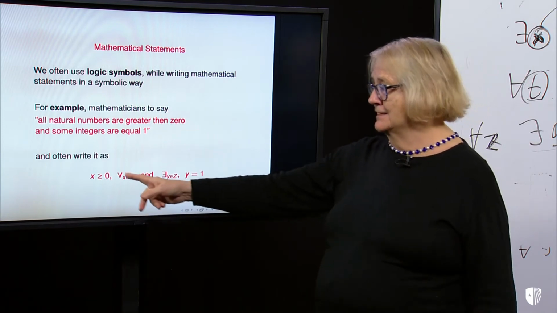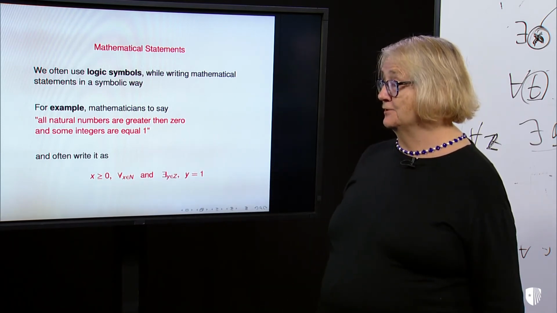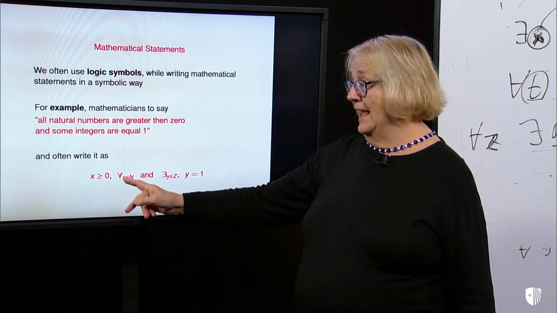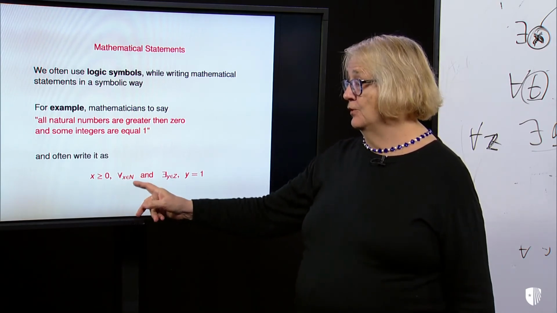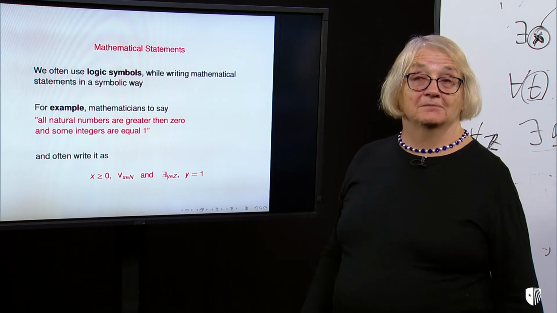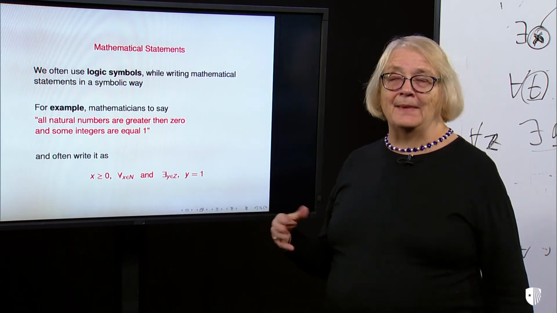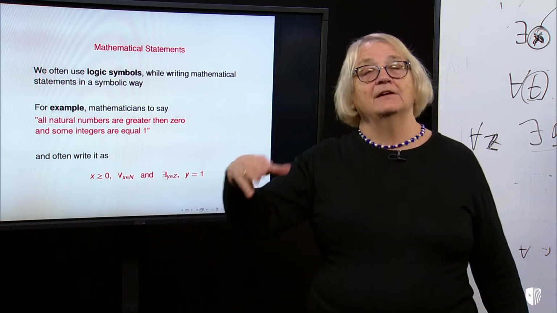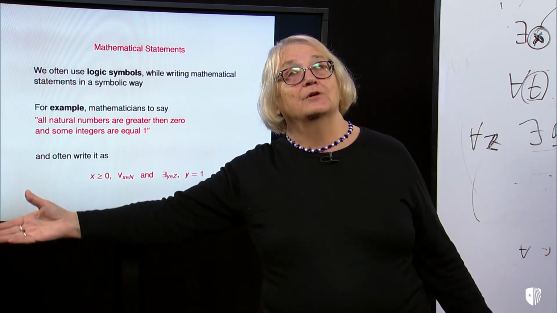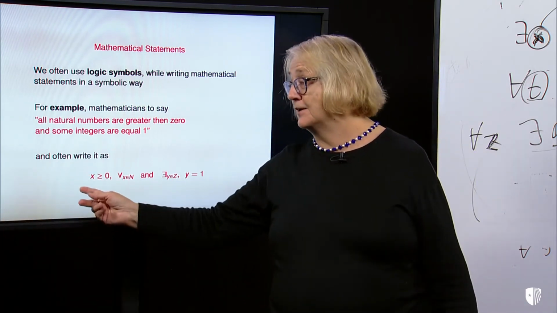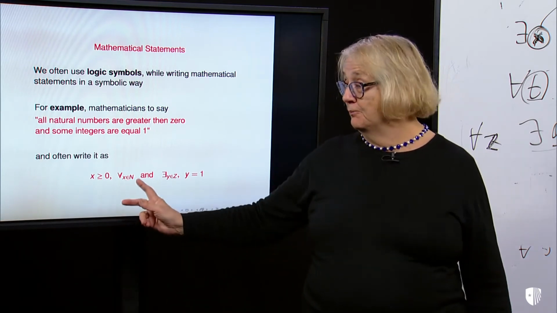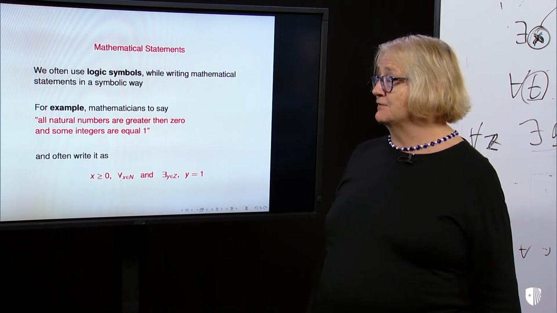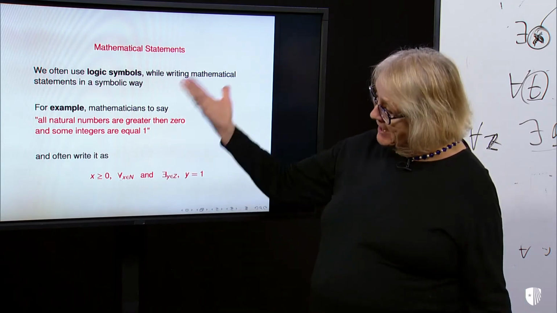So I can say x greater than 0, that is a symbol for x greater than 0. All natural numbers is for all x in N. Often people like to write x greater than 0 for all x natural numbers. So that would be written with symbols: symbols for greater, symbols for the quantifier, and "and."